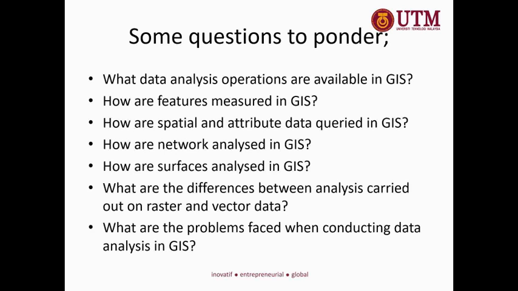What are the differences between analysis carried out on raster and vector data? We have two types of spatial data, raster and vector. How do we differentiate between these types of data? And what are the problems faced when conducting data analysis in GIS? These are some questions to ponder throughout this topic.